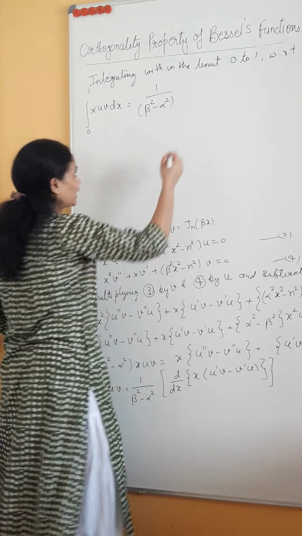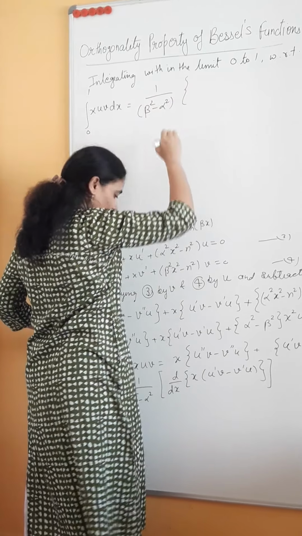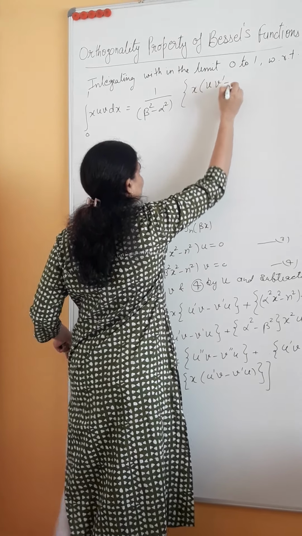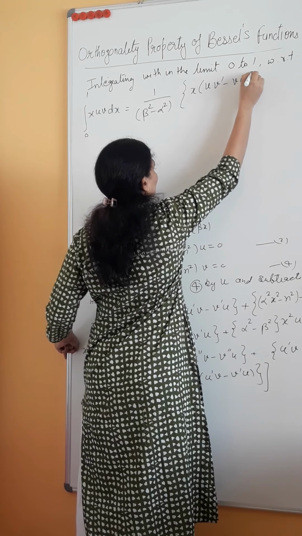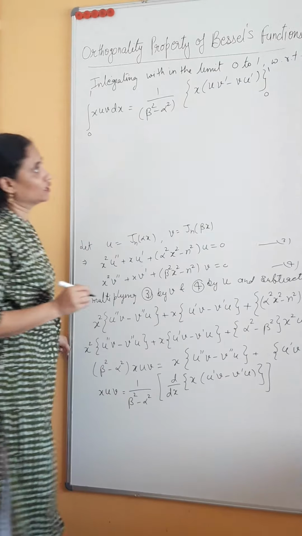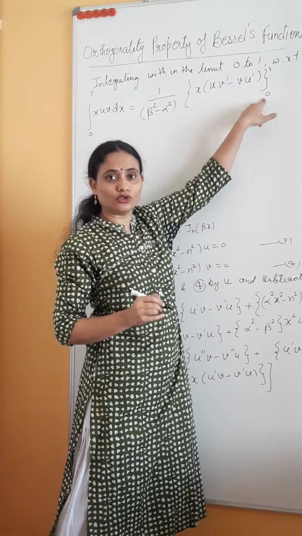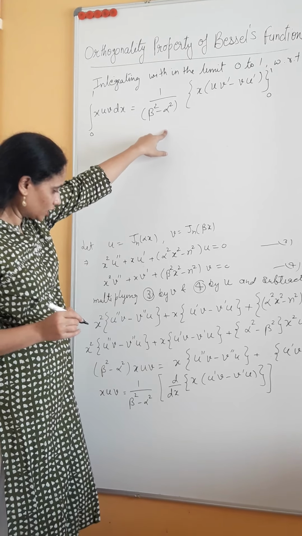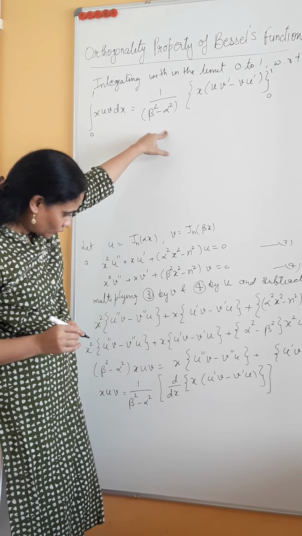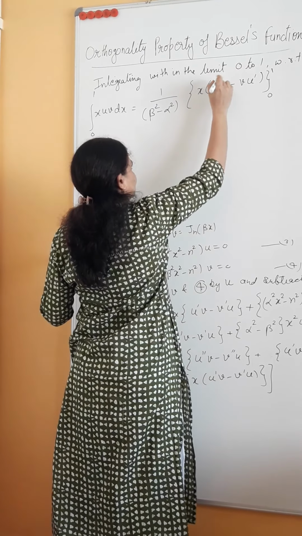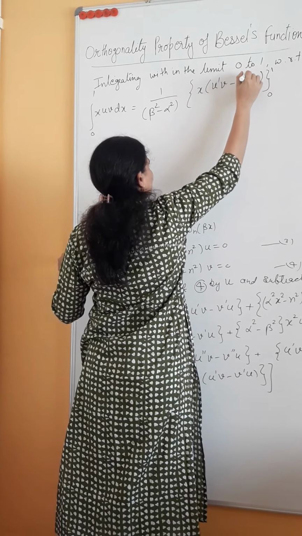What we are getting on the right hand side, the final value will be x times (u v dash minus v u dash) with limits 0 to 1. Okay, it is u dash v minus v dash u. So here you change the sign, u dash v minus v dash u.